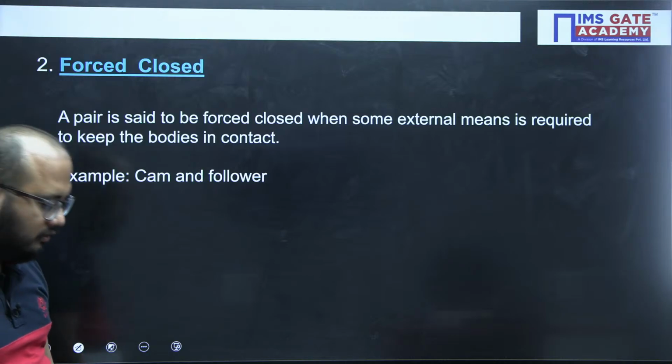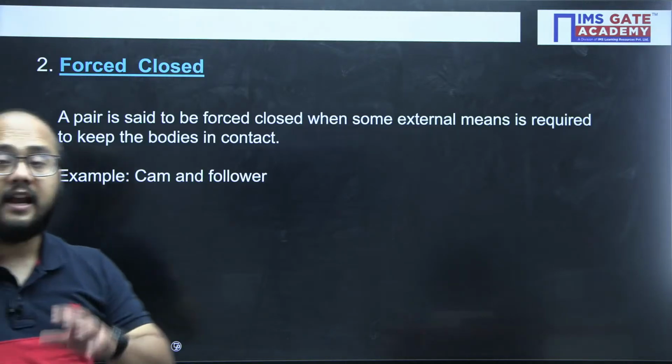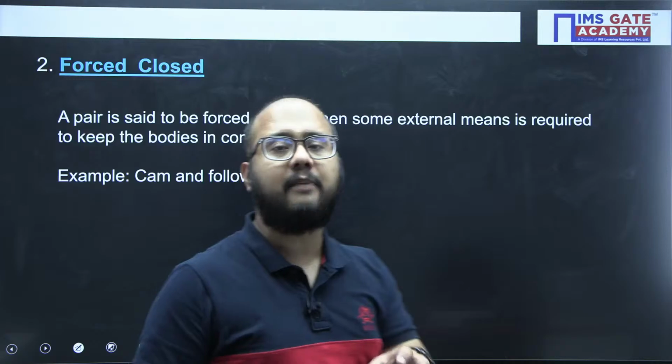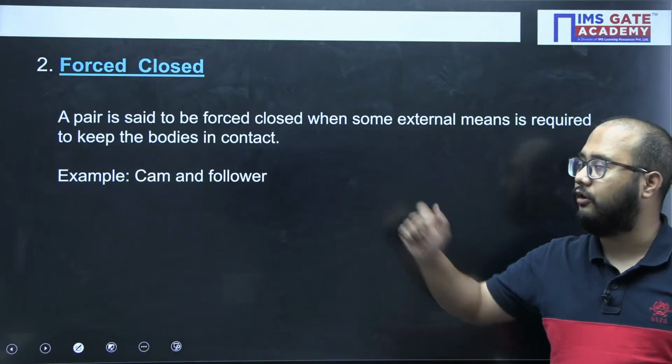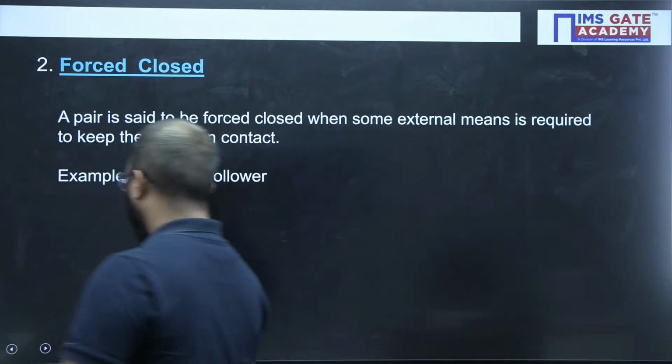Now coming to the next one, force closed. So what is force closed, guys? In force closed, external means is required so that the contact can be maintained. Example, cam and follower. Let me show you here.